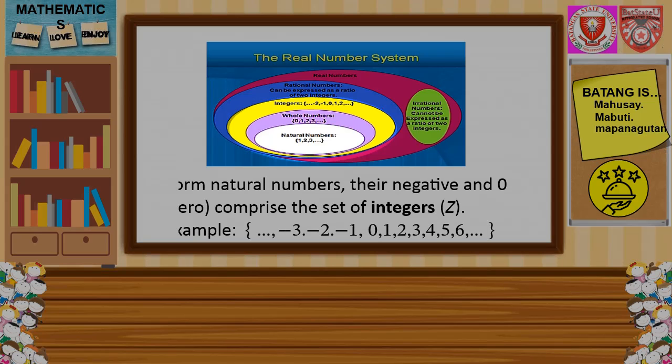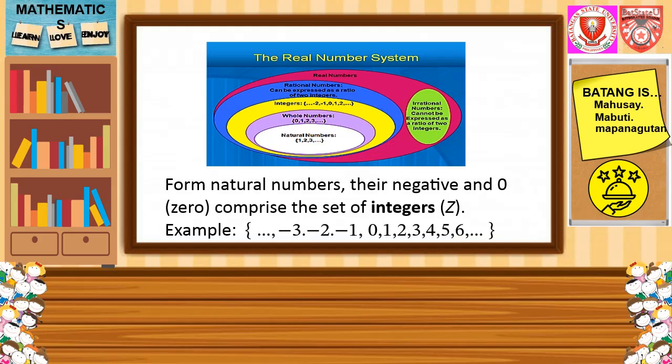From natural numbers, their negatives and zero comprise the set of integers, or its symbol Z. Examples: -3, -2, -1, 0, 1, 2, 3, 4, 5, 6, and so on.